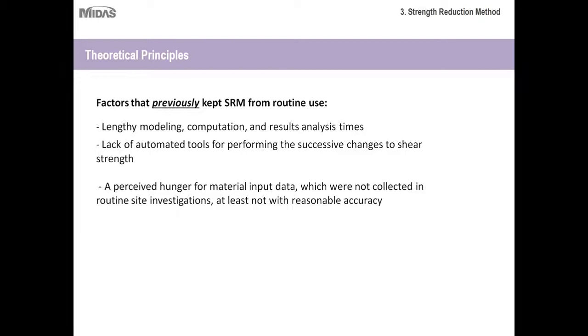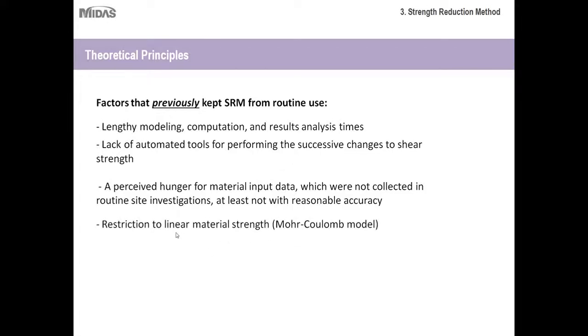Previously, when the limit equilibrium method was the only real, realistic option to use for slope stability analysis, the other material input data, such as modulus of elasticity, weren't really collected regularly, so engineers had a hard time finding the data that they needed in order to perform the strength reduction method. Obviously now the situation has changed. It's very easy in the age that we live in now to get that sort of information about your site.